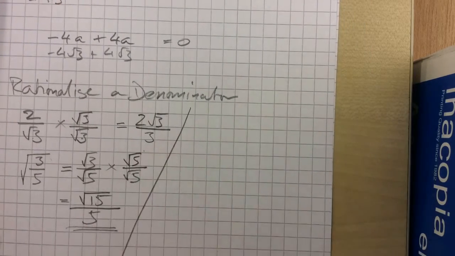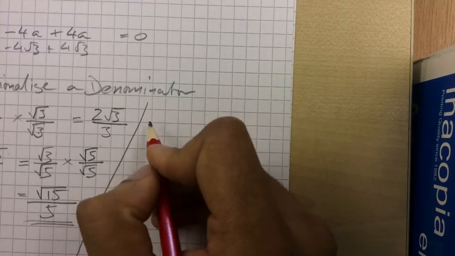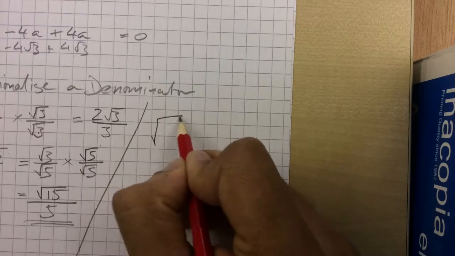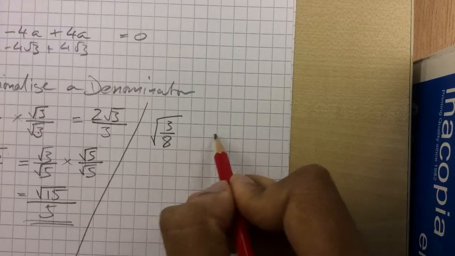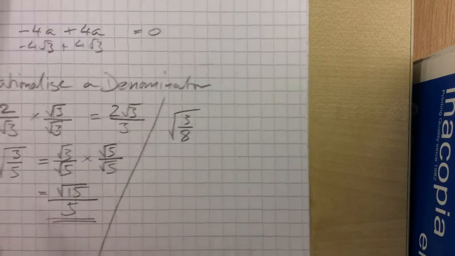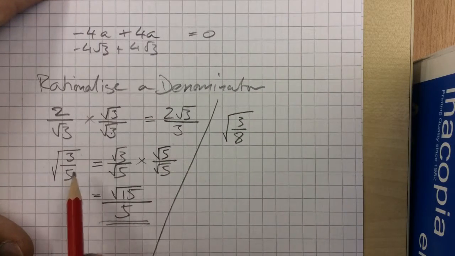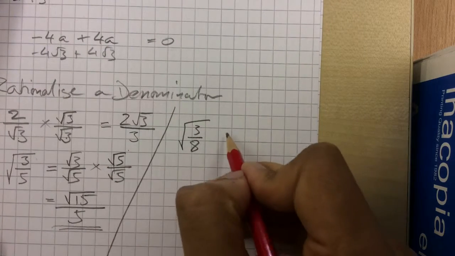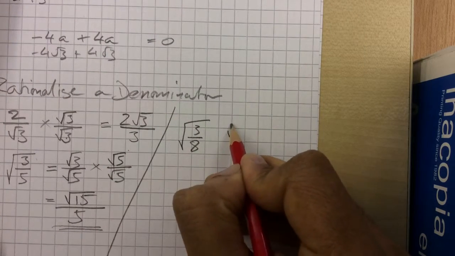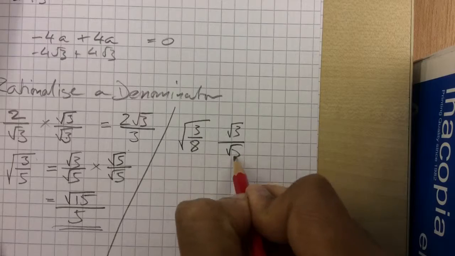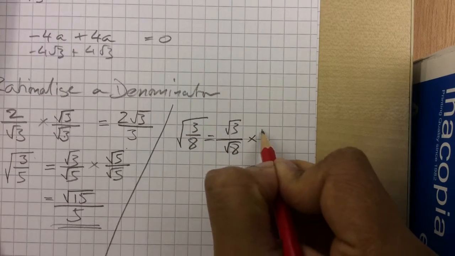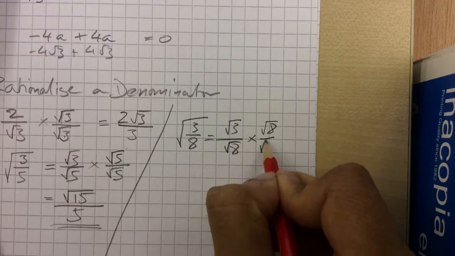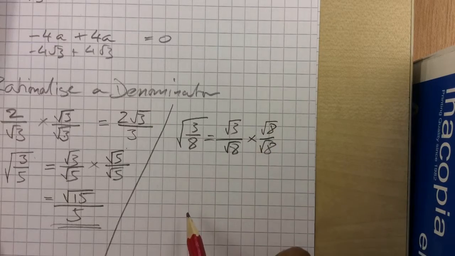One last one. The root of 3 over 8. The first thing, just like over here, I'm going to split the root into the fraction. Root 3 over root 8. And we can multiply this by root 8 over root 8, because that is multiplying by 1.